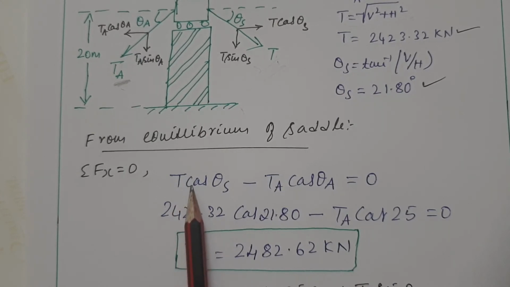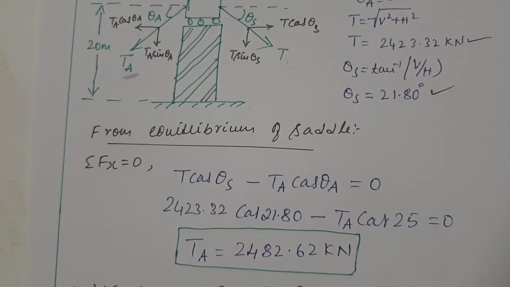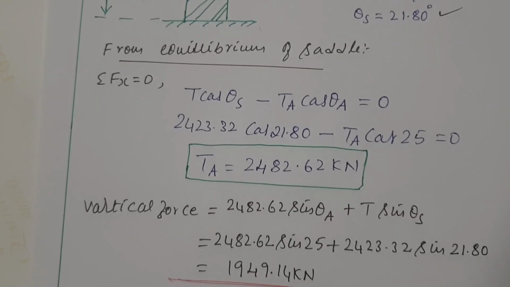T value you know, that is the maximum tension, cos 21.80, this is the angle of the suspension cable, minus TA cos 25. The unknown in this equation is TA, which comes out as 2482.62 kilonewton. By applying the equilibrium condition we find the tension in the anchor cable.